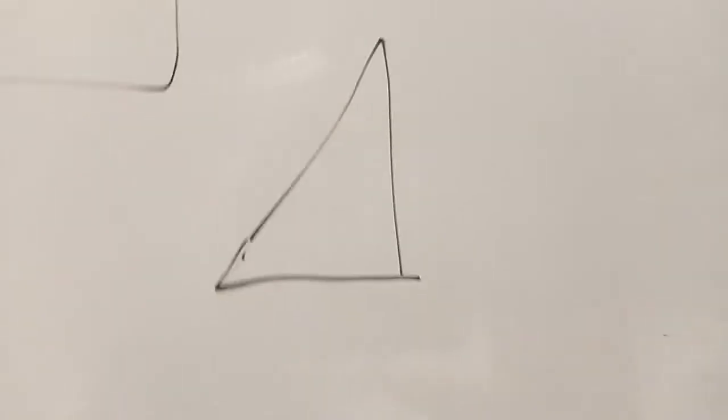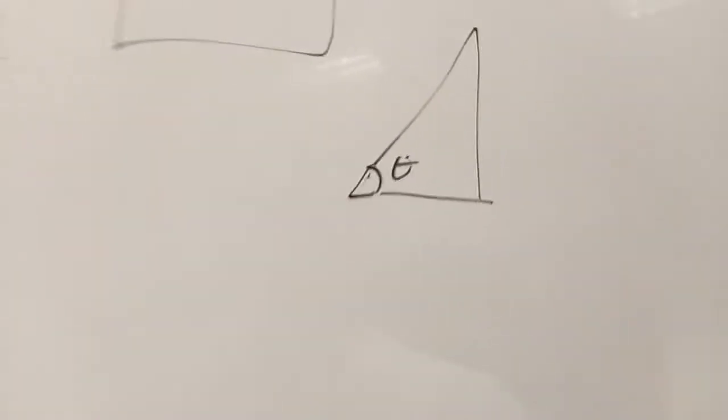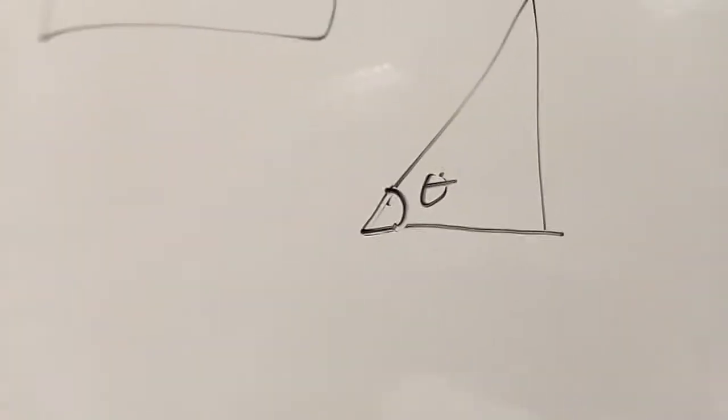Now, let's do the math. In the triangle, there are three sides: the hypotenuse, the opposite, and the adjacent. We're not going to be using any angles, but I just want to bring something to our notion.